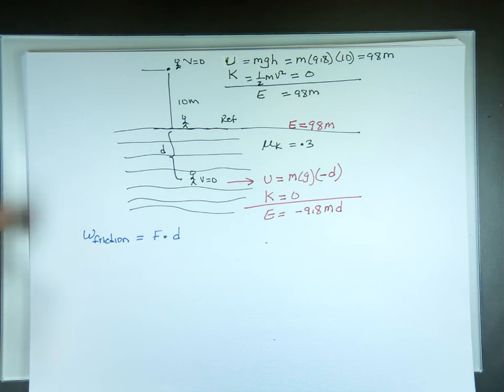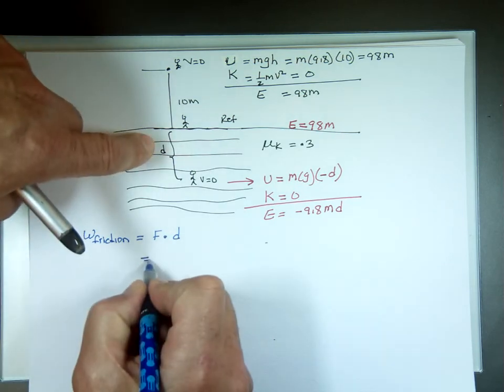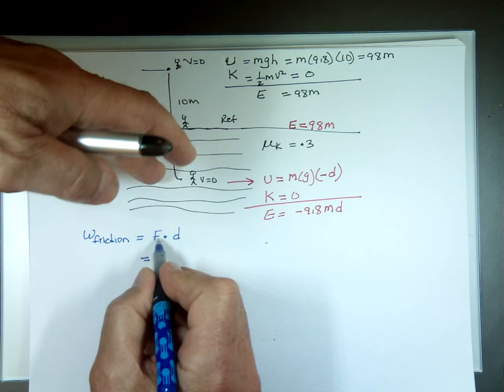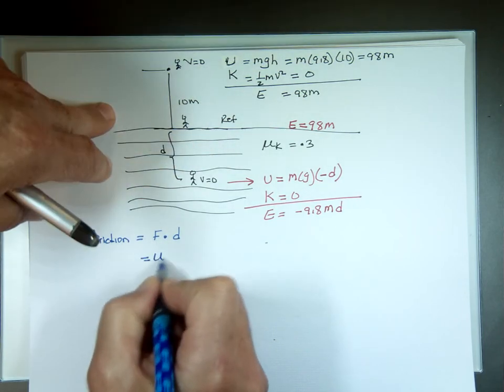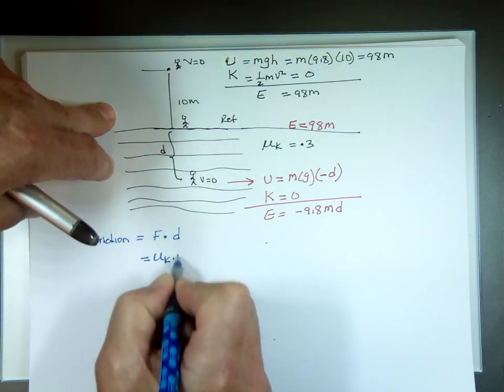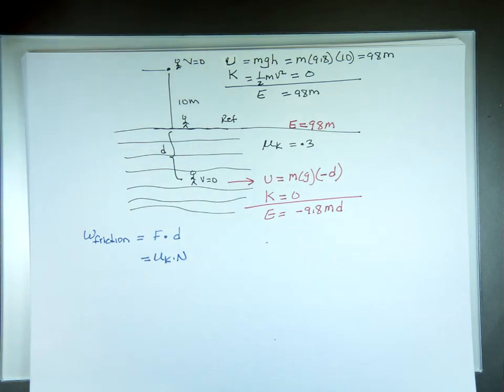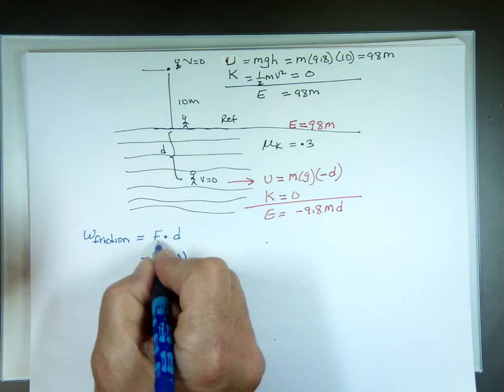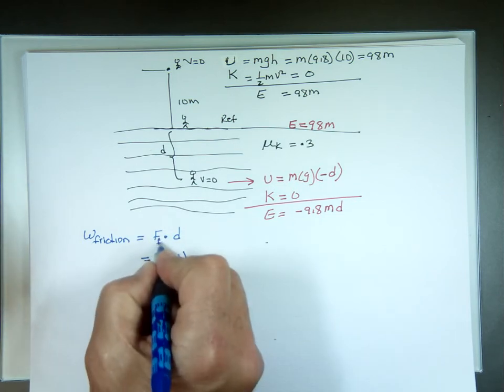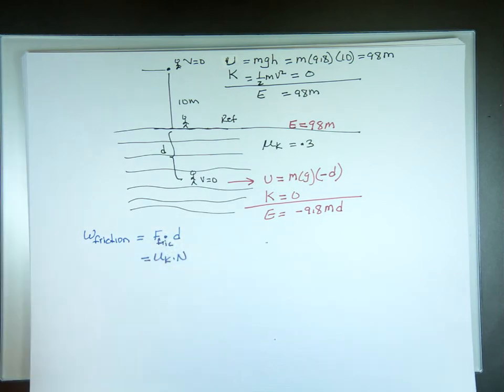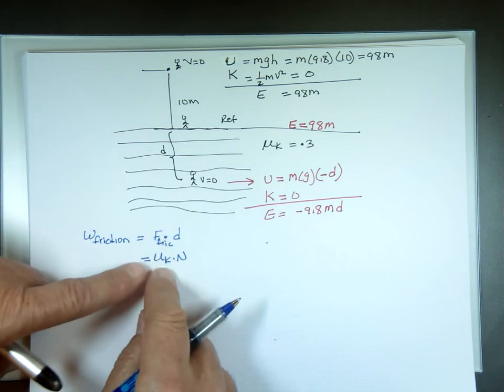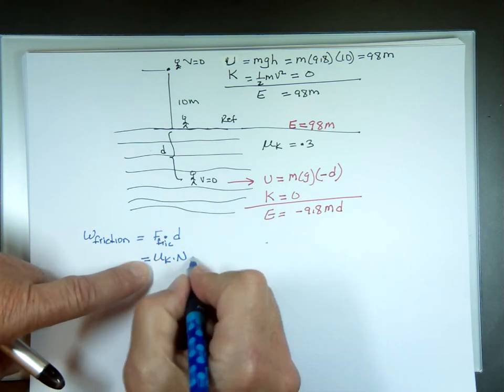The kinetic friction force is actually mu k times n. So I should say F friction here, times the distance. Well, the friction force is mu k times n times your distance.